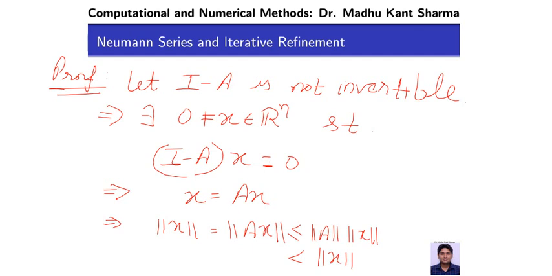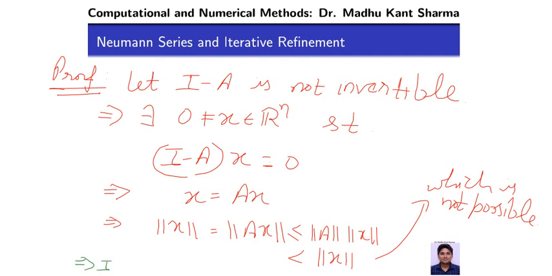So this is not possible. The assumption we made was that I minus A is not invertible, so our assumption is wrong. So this implies I minus A is invertible. So it's a very simple proof.